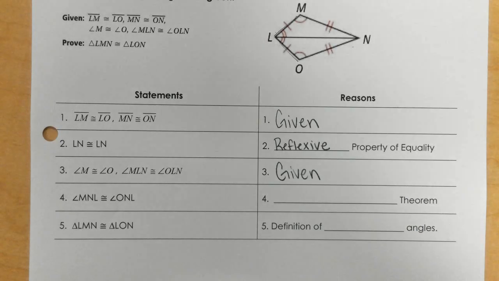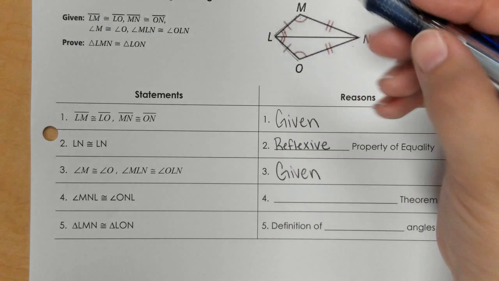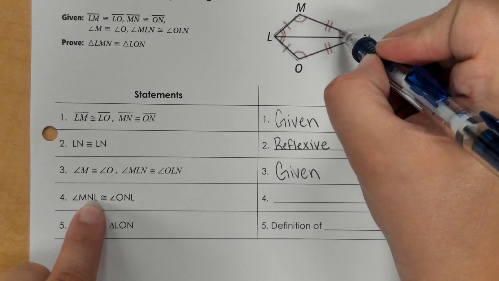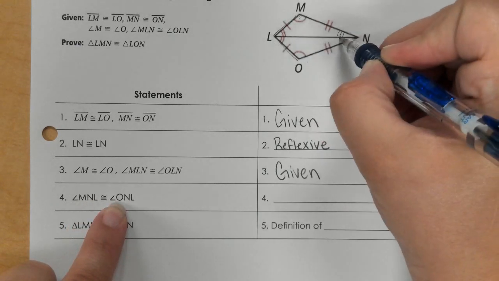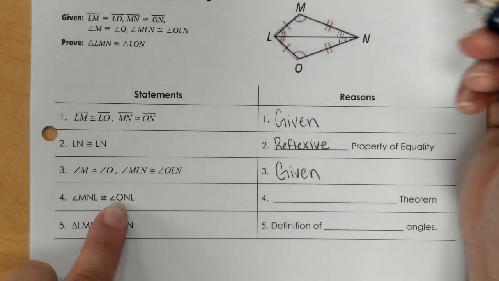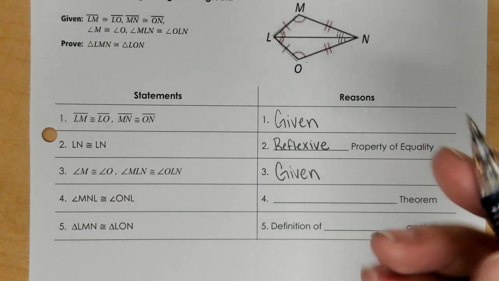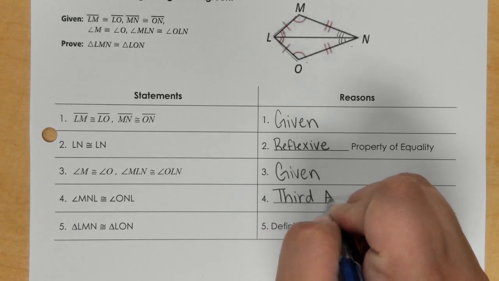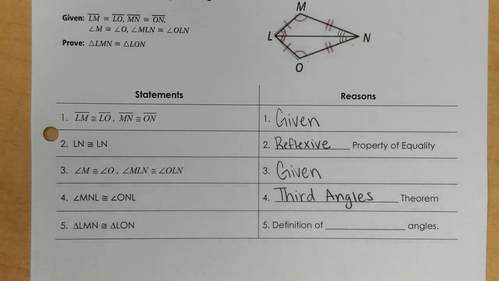So if we know that these two angles match up to each other, then the third angle, angle MNL, so this angle, and angle ONL, so again this angle, are congruent to each other. And that is because of the angle we just talked about, the Third Angles Theorem.